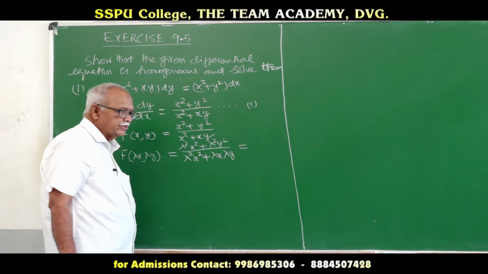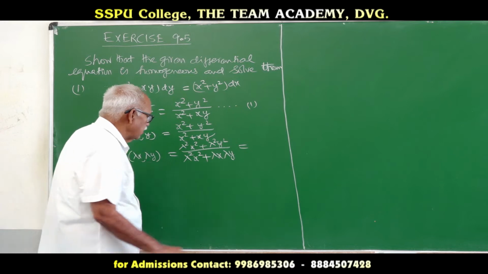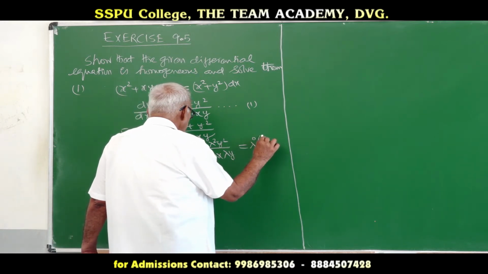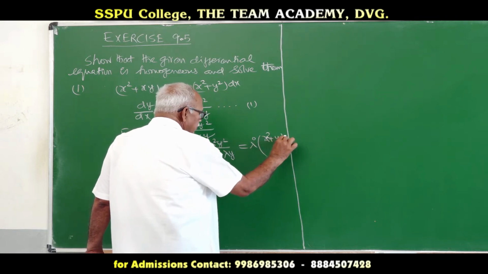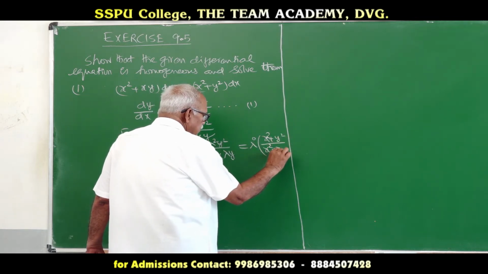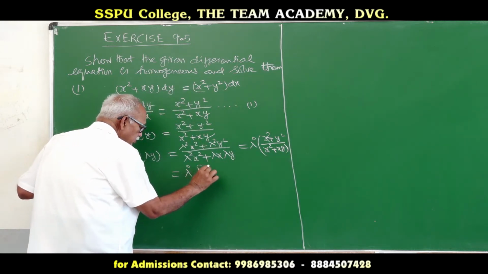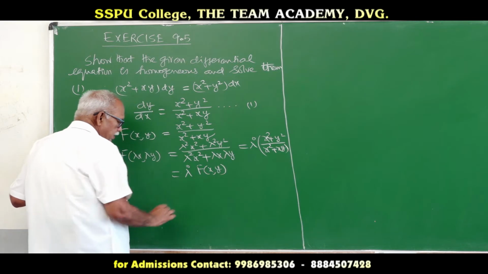So what do you get here? λ² cancels. This is λ⁰ times (x² + y²)/(x² + xy). This is nothing but λ⁰ f(x, y).